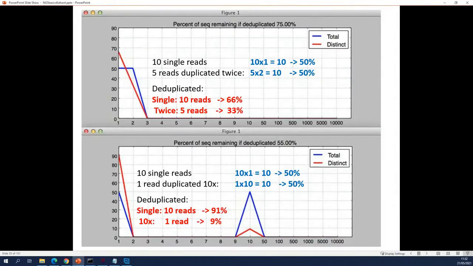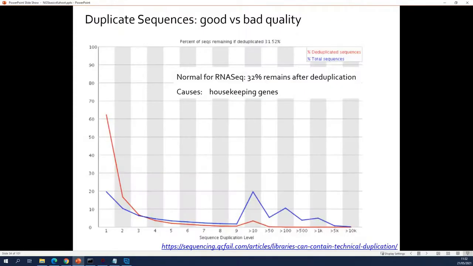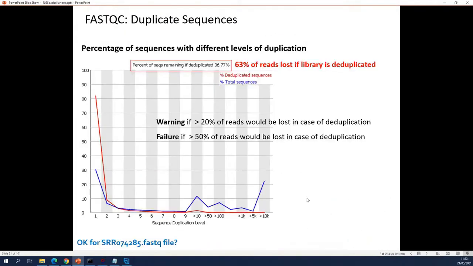This is similar to what you see here. This points to the fact that it's only 1 or 2 or just a few reads that are duplicated a lot. Then you have high in the blue and low in the red after deduplication. So this is what you see here also. High in the blue and low in the red. I will come back on that.